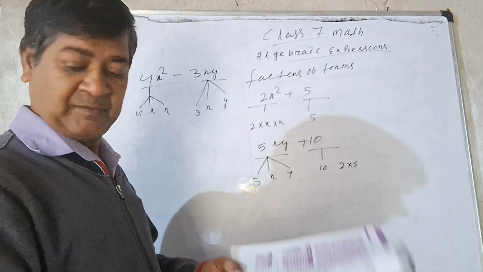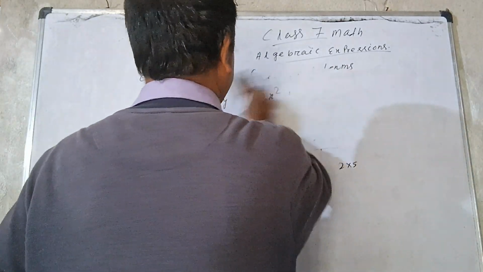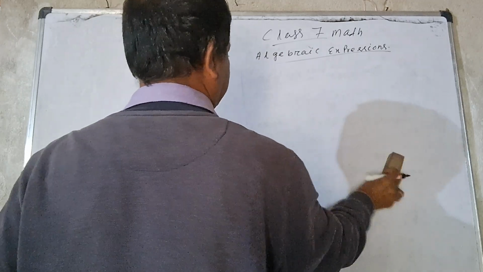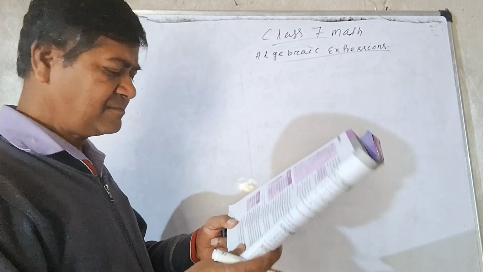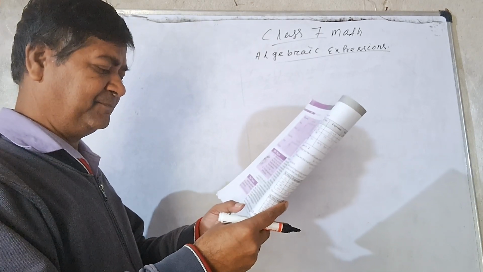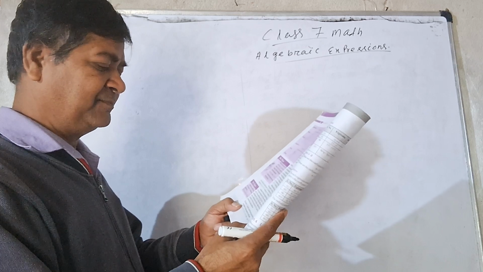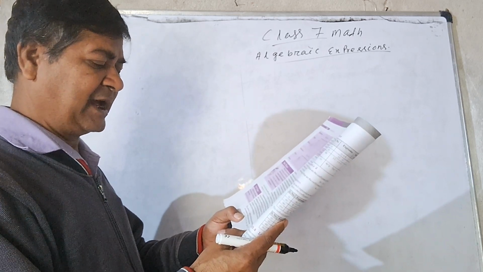Example 1 from your book. Identify in the following expressions the terms which are not constant. Give their numerical coefficients.